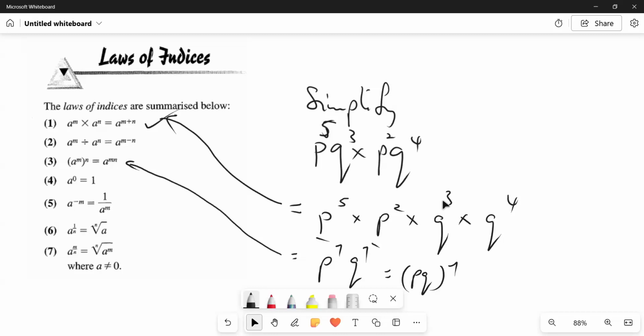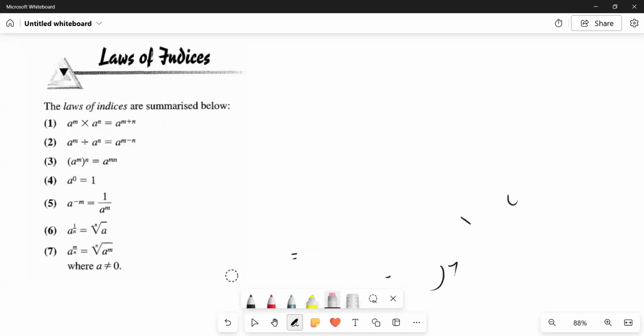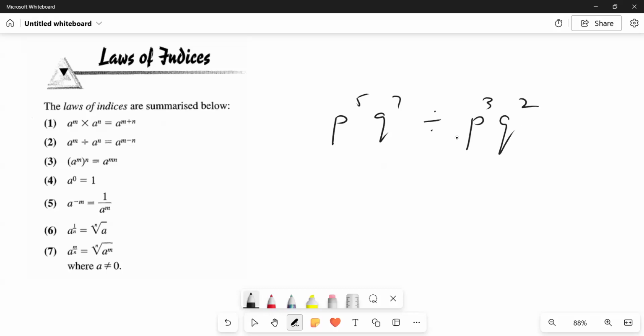Good. So, get rid of all of this. Similarly, if you had to do the division, let's say you have p to the fifth power, q to the seventh power, divided by p to the third power, q to the second power, right?